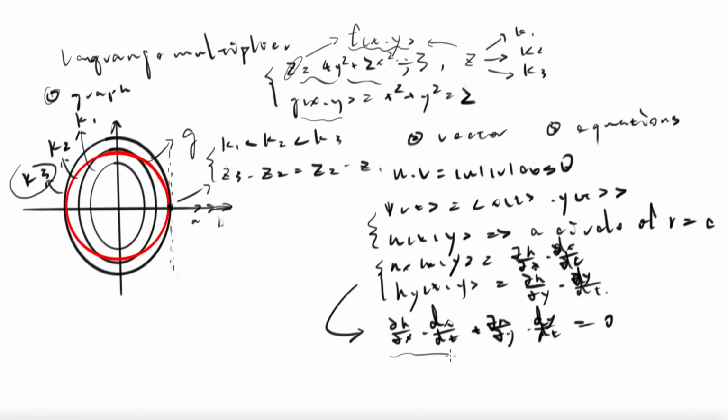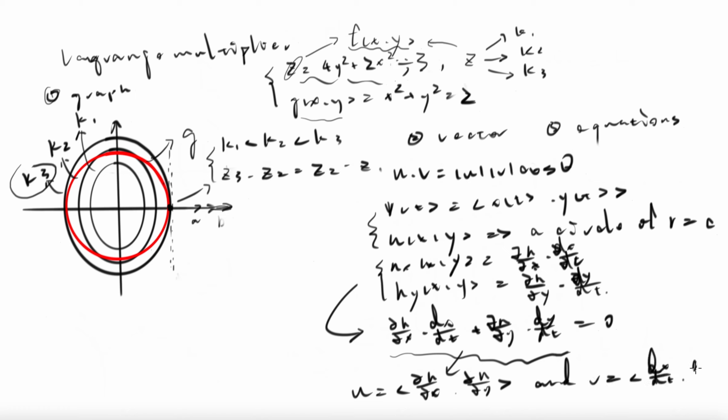However, this expression is actually a dot product. Surprise! It's the dot product of u equal to the partial derivatives over x and y, and v equal to dx over dt, dy over dt. Which means they have the dot product of 0, so they are perpendicular to each other.